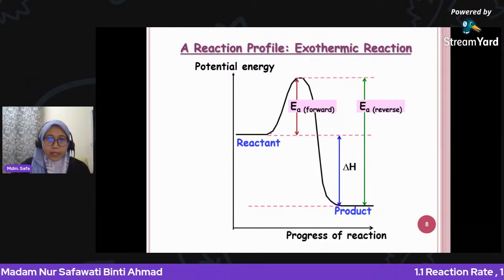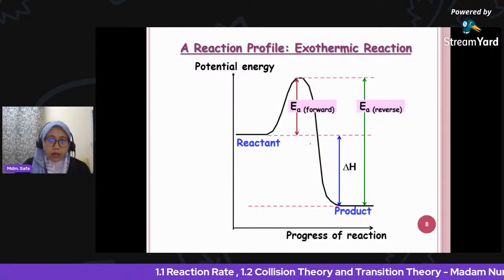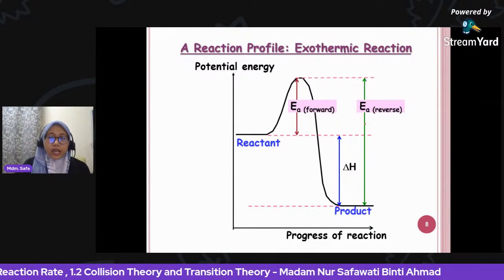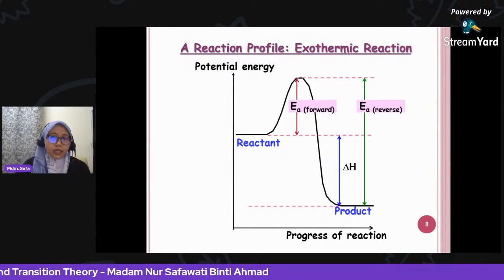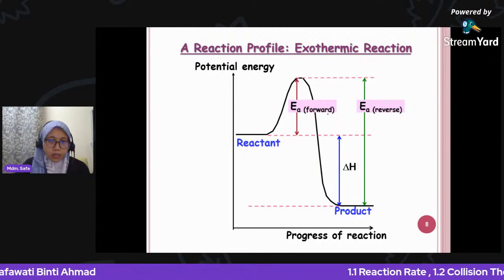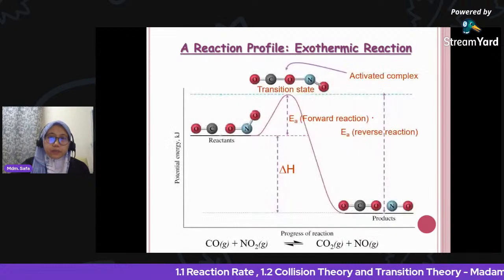Yang pertama adalah, bila reactant produce product, kita ada EA for forward reaction, and then kalau dia reversible reaction, the product become reactant, so kita ada EA reverse. So the difference between the product and reactant here is delta H. So we can relate tiga benda ni: EA forward, delta H and EA reverse.